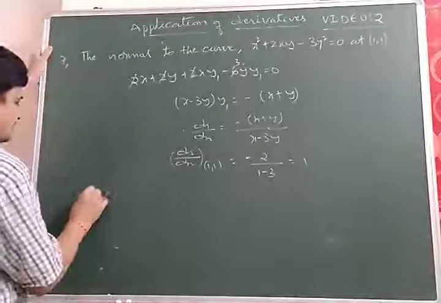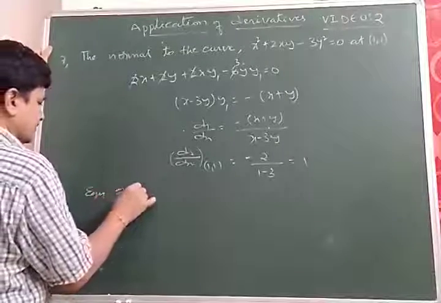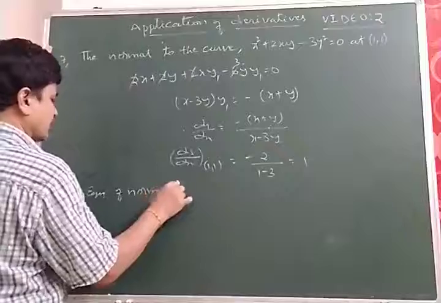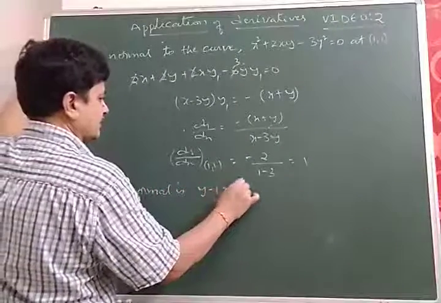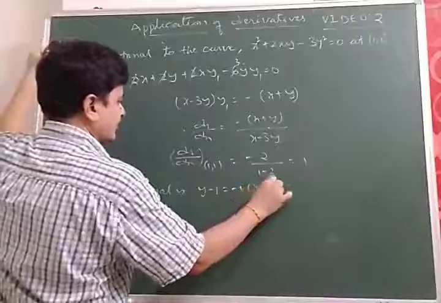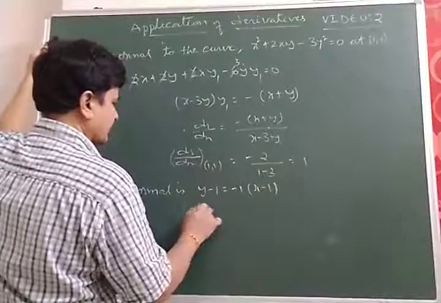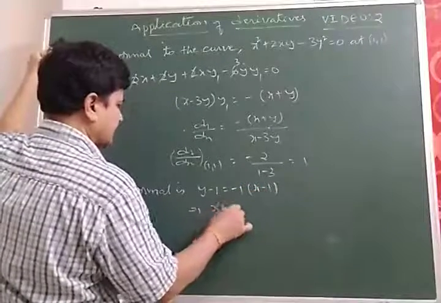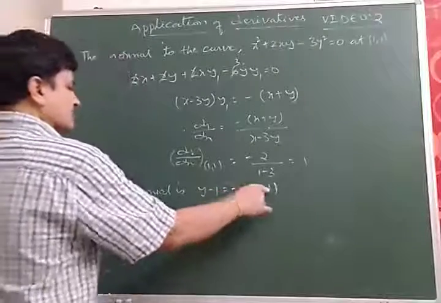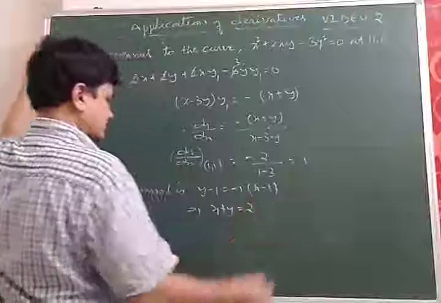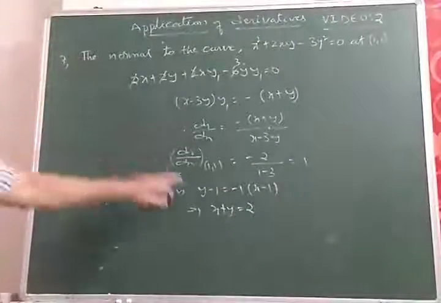Equation of normal is y minus 1 is equal to minus 1 into (x minus 1). So that implies x plus y is equal to 2. This is the equation of the normal.